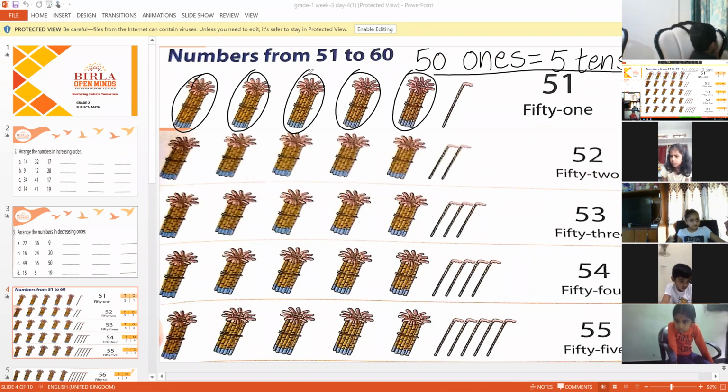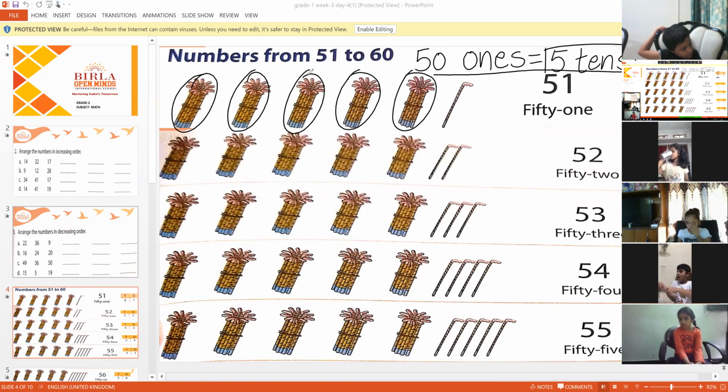Now see here, in place of tens we can write 5, because I have told you that 50 ones is equals to 5 tens, and we have here 5 groups, which is equals to 5 tens. This means in tens place we can write 5.